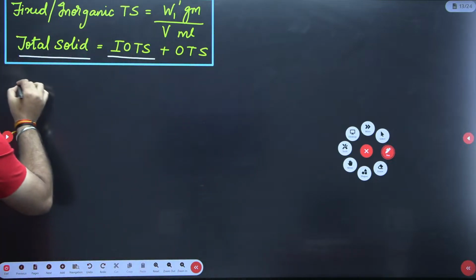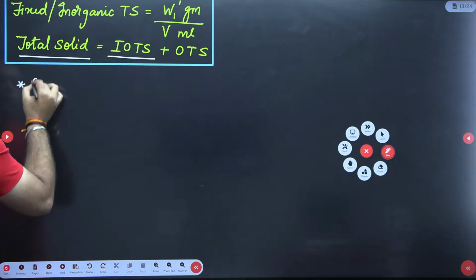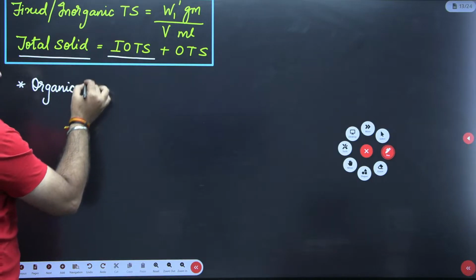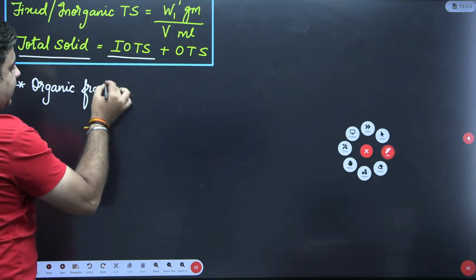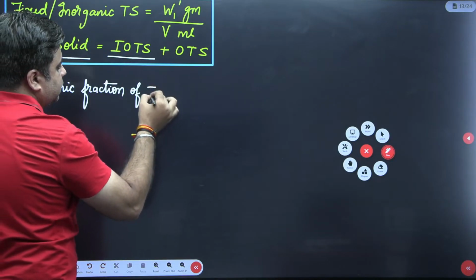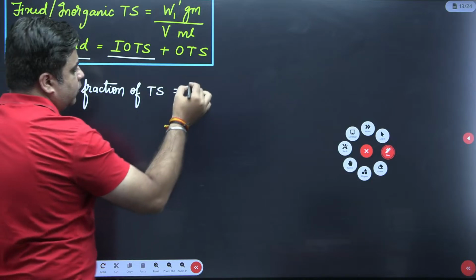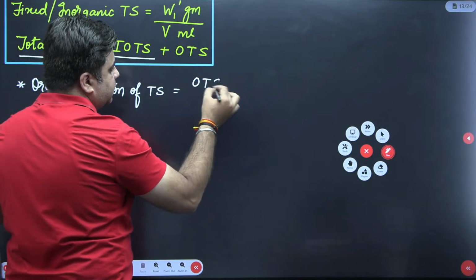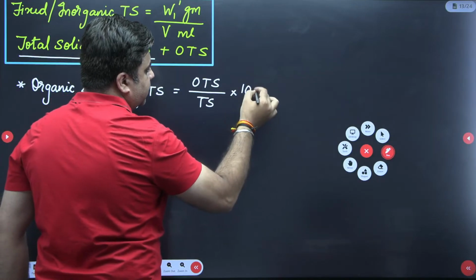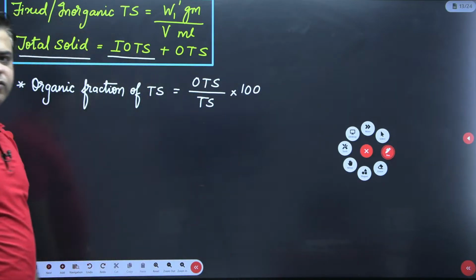So I'll write here, organic fraction of total solids is equal to organic total solids divided by total solids multiplied by 100. Simple. This is the organic fraction of total solids.